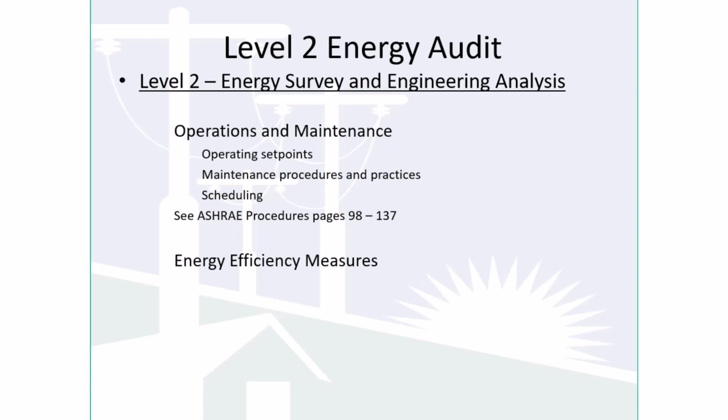A very important aspect of the Level 2 energy audit is the inclusion of energy efficiency measures, identifying them and calculating savings. Energy efficiency measures, the acronym being EEM, is a collection of actions and equipment installations that are intended to reduce the building's on-site energy use while at the same time maintaining or improving the indoor air quality, the service, and operating requirements.